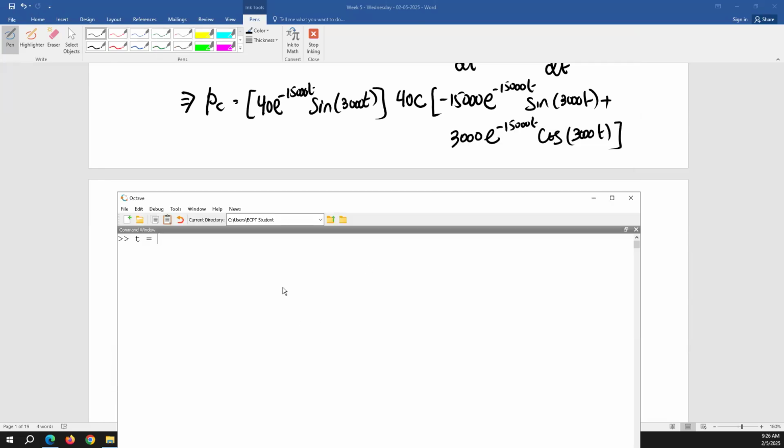So my time is pi by 80 times 10 to the negative 3 seconds. My capacitor value is 0.6 micro.